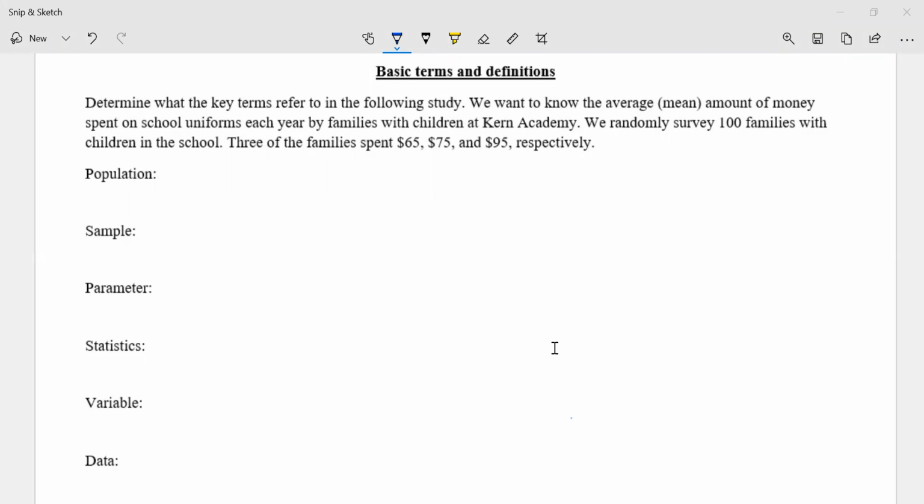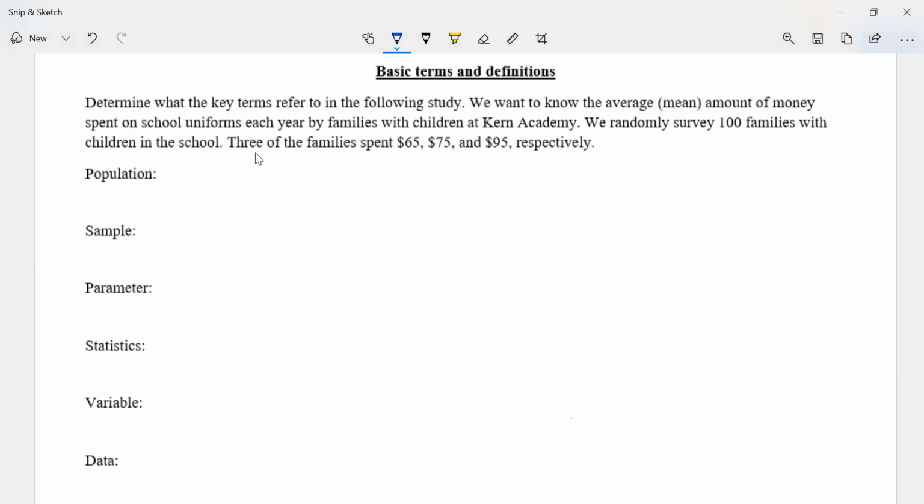But in reality, it is a set of observations. Now, in English, you guys might be like, that's kind of confusing. The results that I expect to get, like I'm going to ask people in my study how much money did they spend on uniforms? What type of answers am I expecting to get?